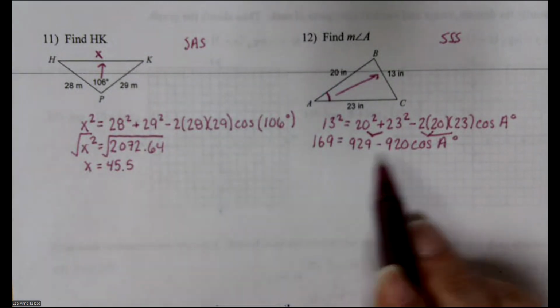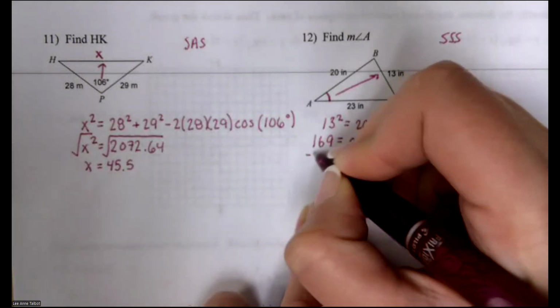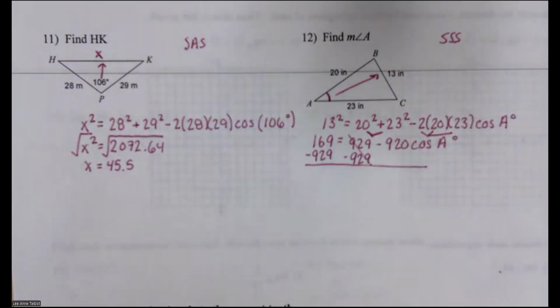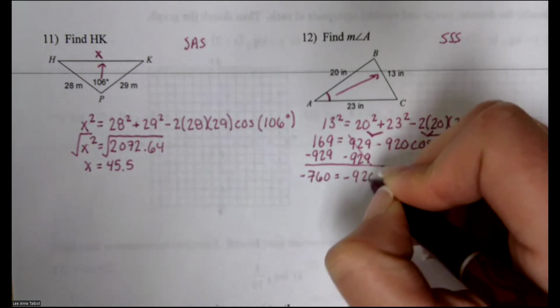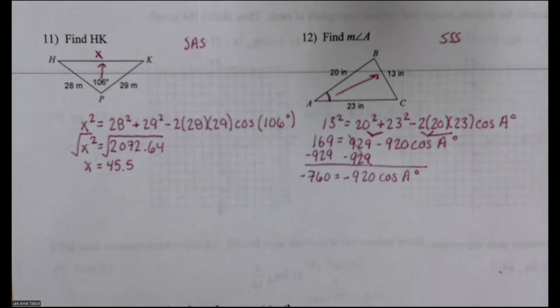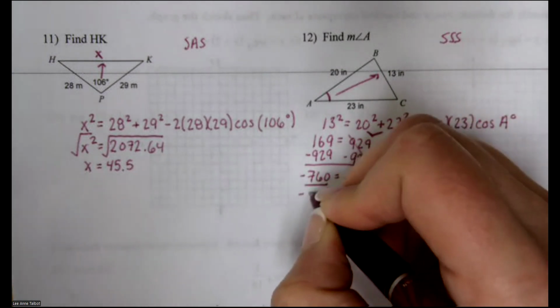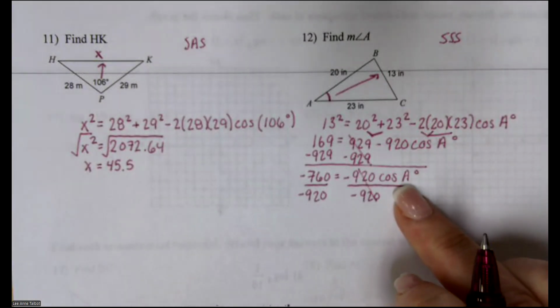They subtract this. Those are not like terms. You can't do that. You've got to rescue this out of here. Okay, and then this becomes cosine of A.